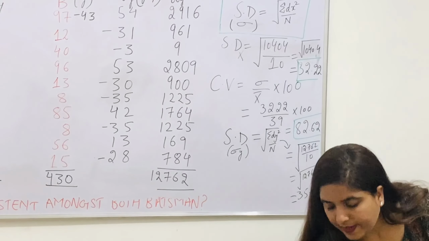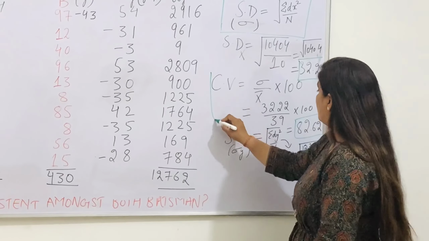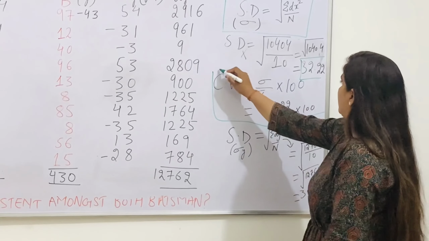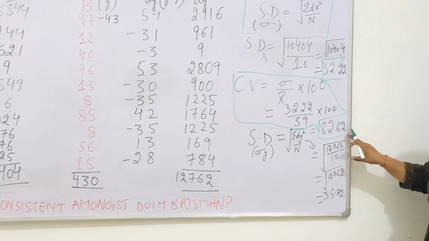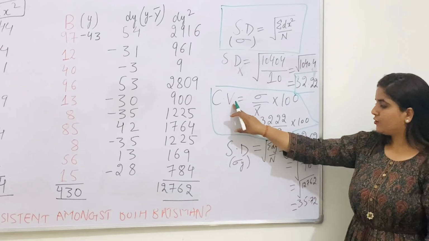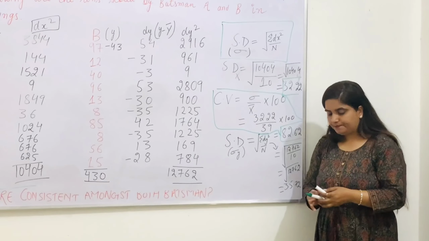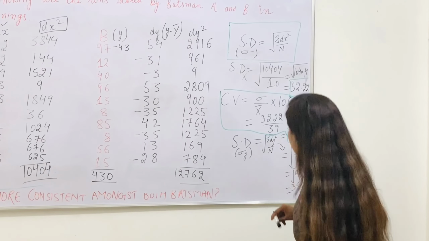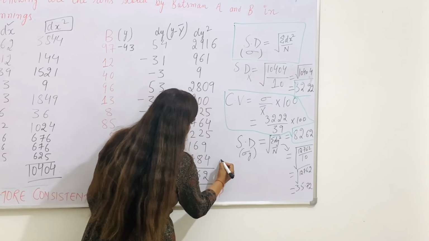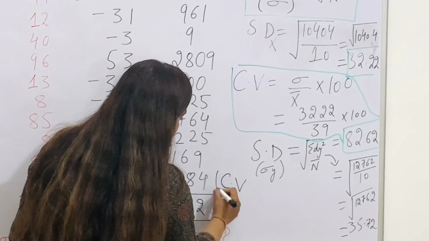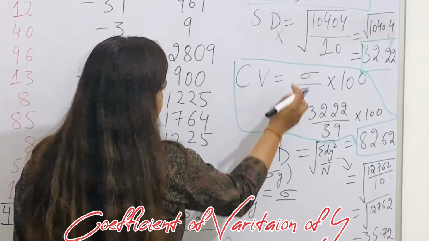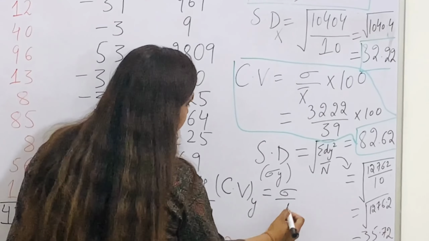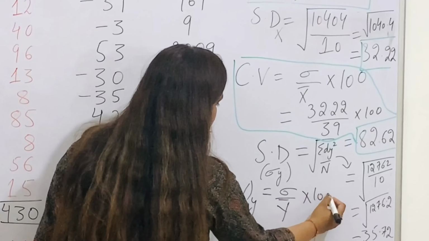As we have done for X, now we will do for Y. This is the portion for coefficient of variation of X. Now we will do the coefficient of variation for Y. Again the same process, only X will be replaced with Y, the rest is all the same.